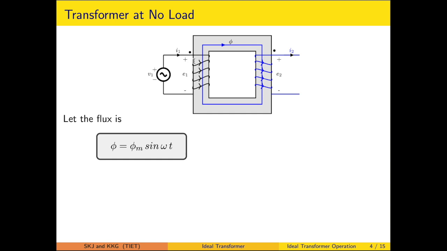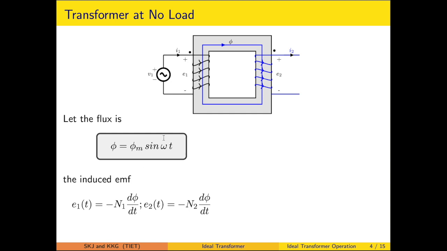Because of this sinusoidal flux there will be induced EMFs E1 and E2. Those E1 and E2 are decided by Faraday's law, which gives N d phi by dt. However, Lenz's law suggests the direction, so with the direction sense it gives minus N d phi by dt.